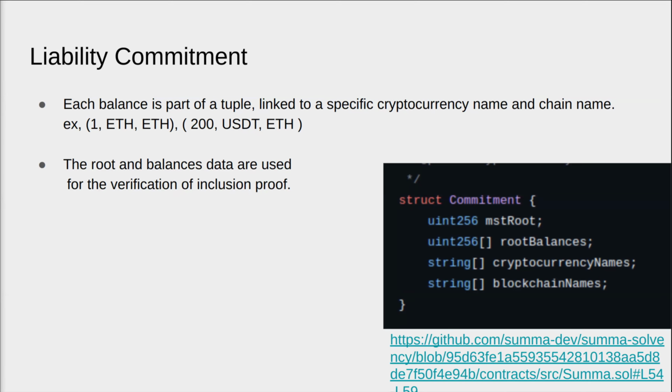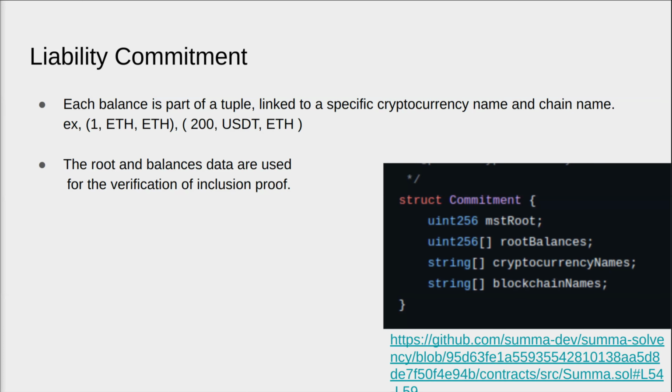Like in the ownership proof, there is no verification for these four fields. The contract checks only the length of the arrays here, but the root and balances are used in the verification of the inclusion proof.